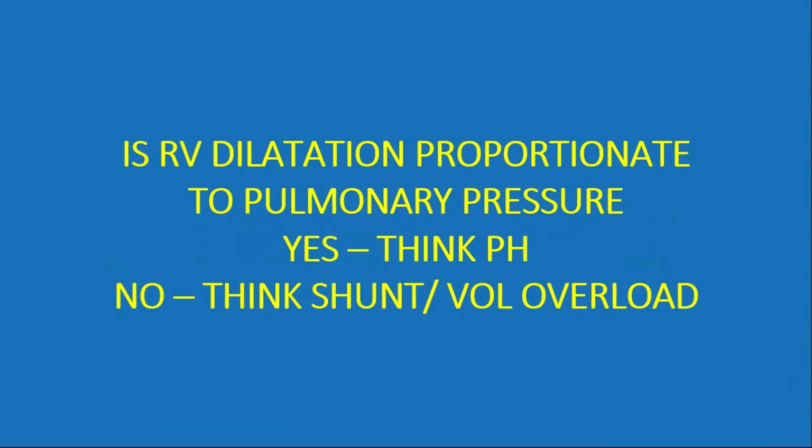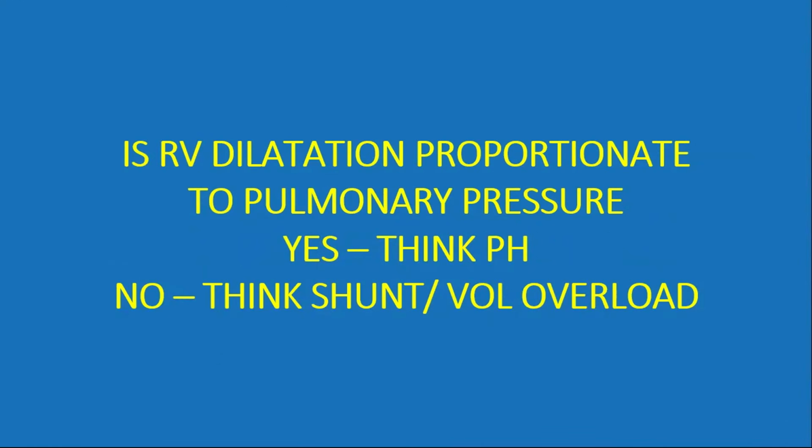So just a few pearls, although Dr. Rahul will be telling you all this. Is the RV dilatation proportionate to the pulmonary pressure? If yes, think in terms of pulmonary hypertension. If no, think shunt or volume overload as the cause.